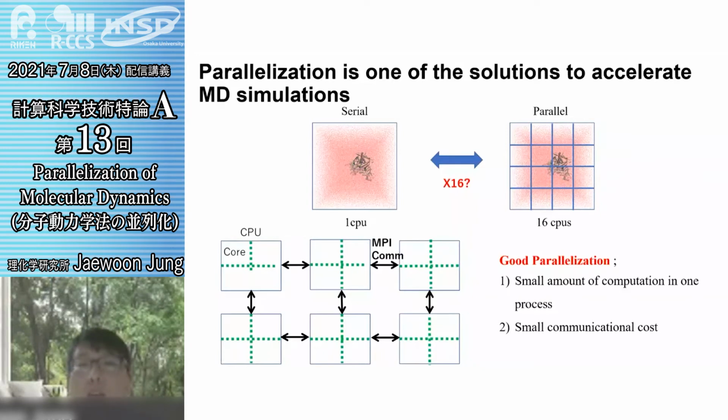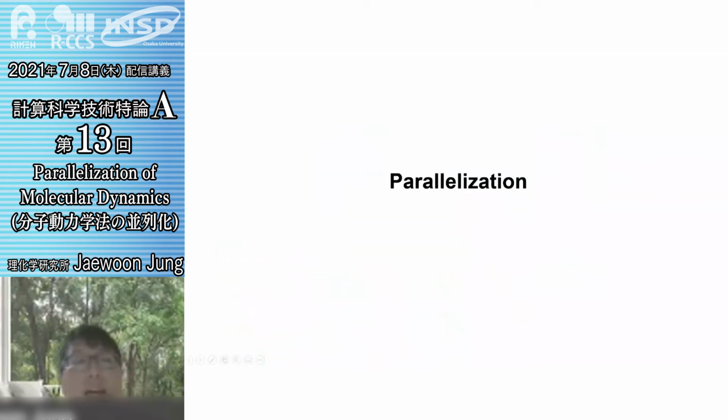Another important thing is the small communication cost. In some cases, we need communication between different MPI processes, for example. But the key point in parallelization is how to minimize these communication costs.